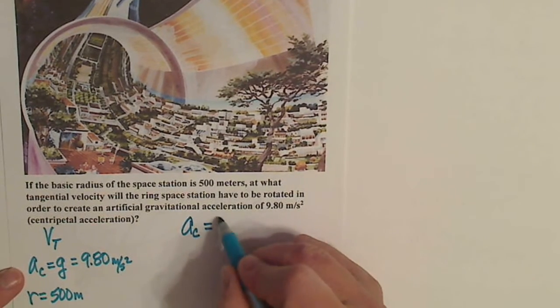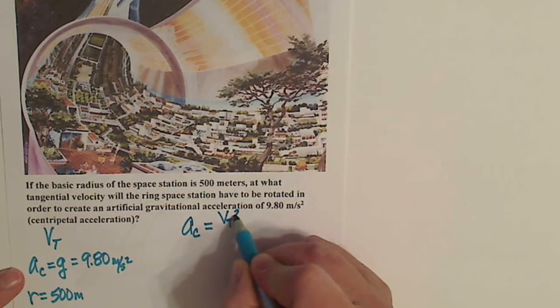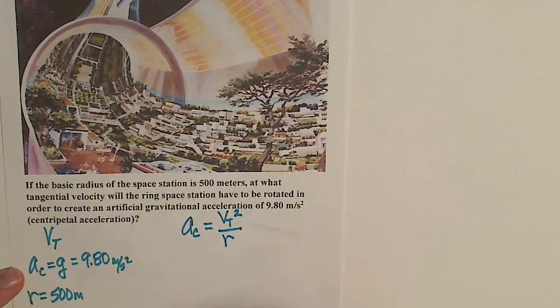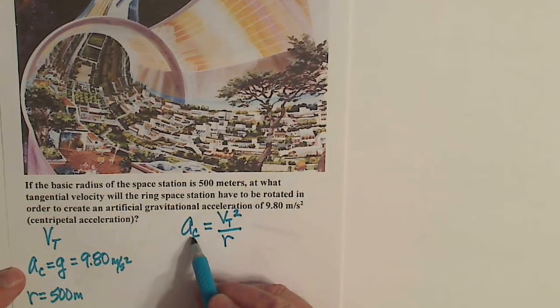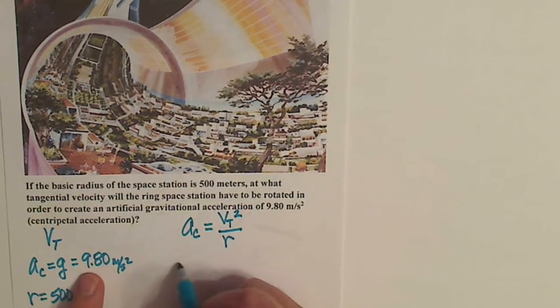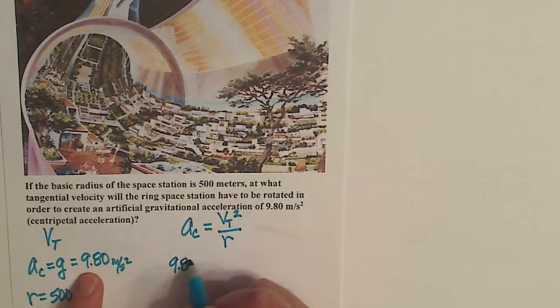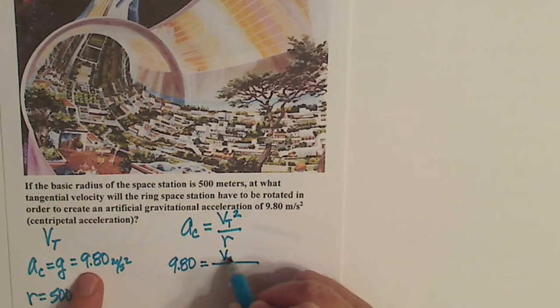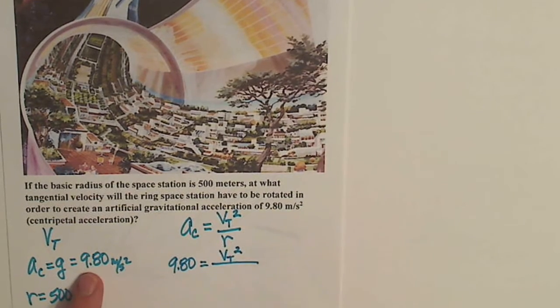Centripetal acceleration is the tangential velocity squared divided by the radius. The centripetal acceleration, we're going to set at gravity for Earth, 9.80. The tangential velocity is what we've got to find. Be careful, that's squared. And the radius is 500 meters.